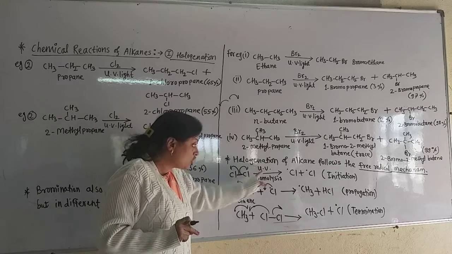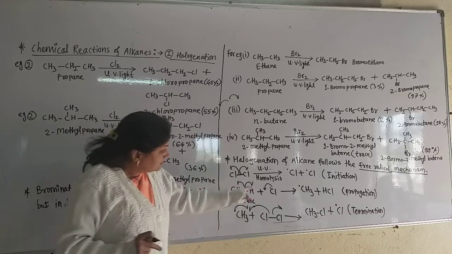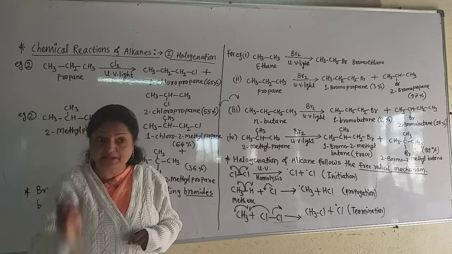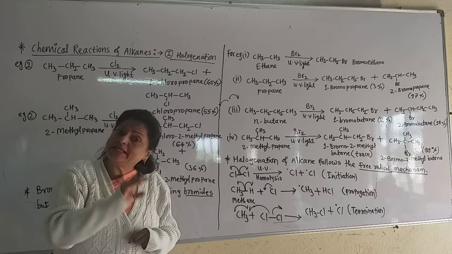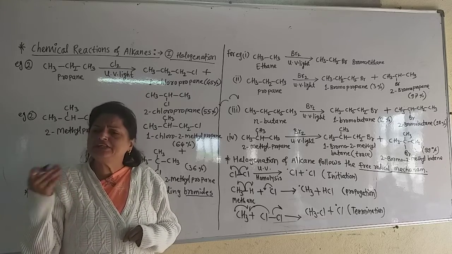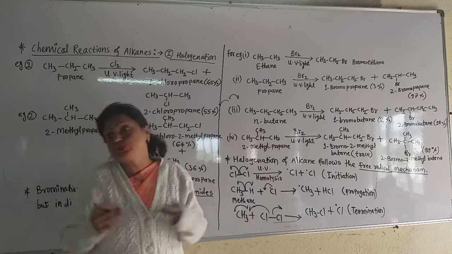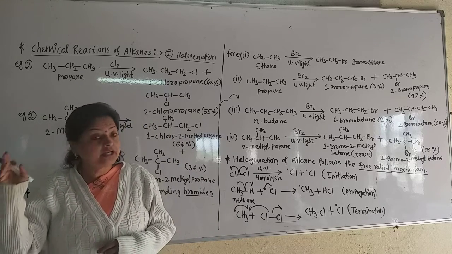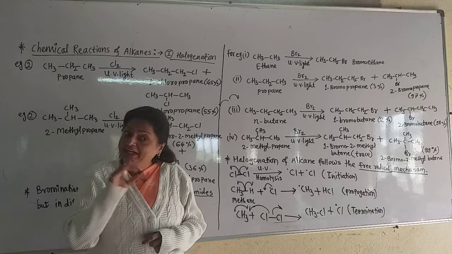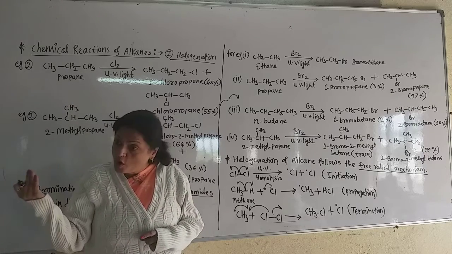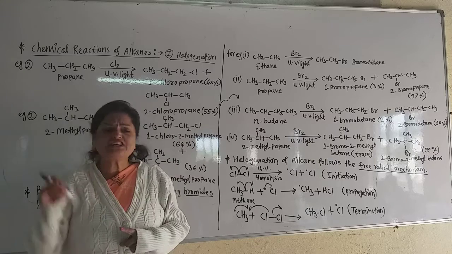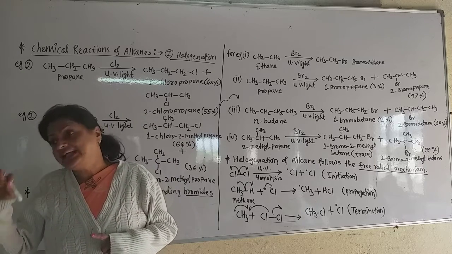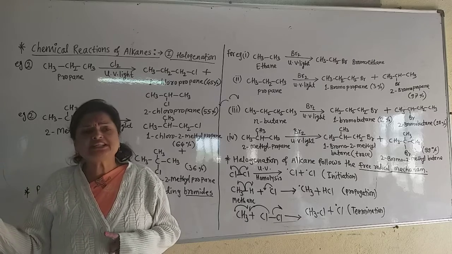In the presence of ultraviolet light, this homolytic fission occurs. Fission means breaking, and homolytic means similar breaking, or it is simply called homolysis. There is a short note on homolysis and heterolysis in the 14th chapter. Hetero means different, homo means similar. Heterolytic fission is also there.